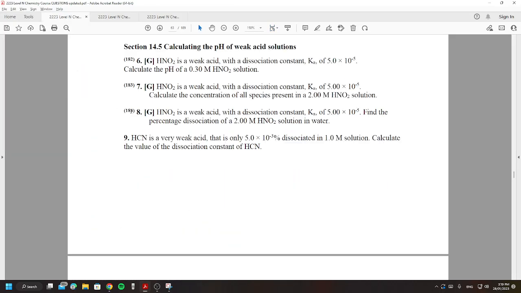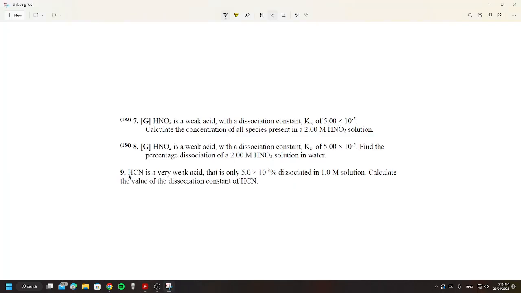Okay, 20 minutes, good. HCN is a very weak acid, as it's only this much dissociated in that concentration. Calculate the value of the dissociation constant of HCN. So we know the dissociation.